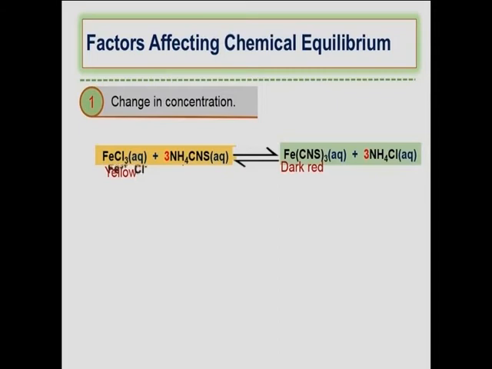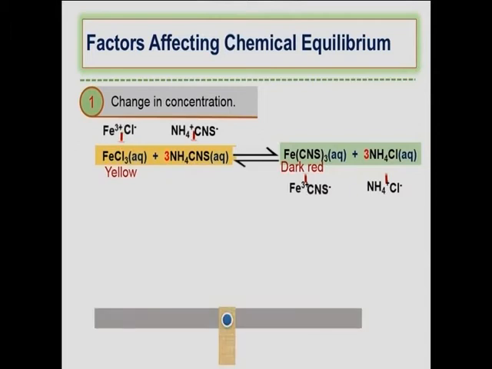And since the reaction is reversible, ferric thiocyanate and ammonium chloride react back and give the reactants. This process will continue, and the time will come when the concentration of the reactant and the concentration of the product become equal.